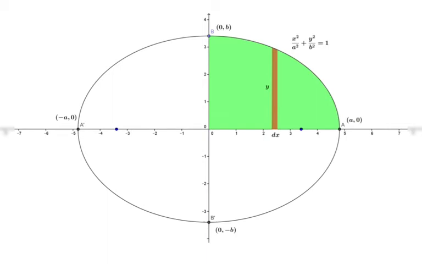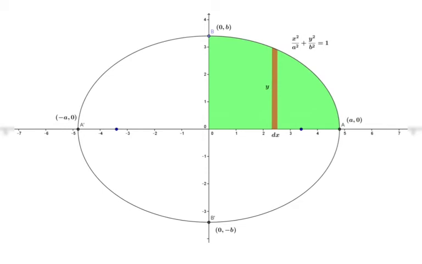So the definite integral is actually about summing up the areas of those infinite number of vertical strips which we have drawn.